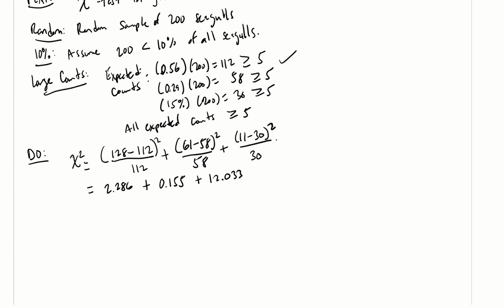They do not like the rocks. We observed 11, and we expected 30 of them to be in the rocks if they were the same, but they do not seem to like the rocks, it appears. So if we add those up, we get about 14.474. And remember, our degrees of freedom is, we had 3 categories of land, so 3 minus 1. All right, so there's our DF.